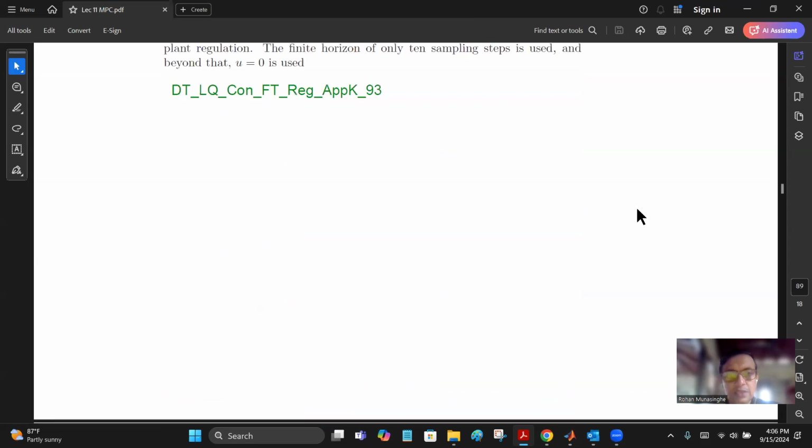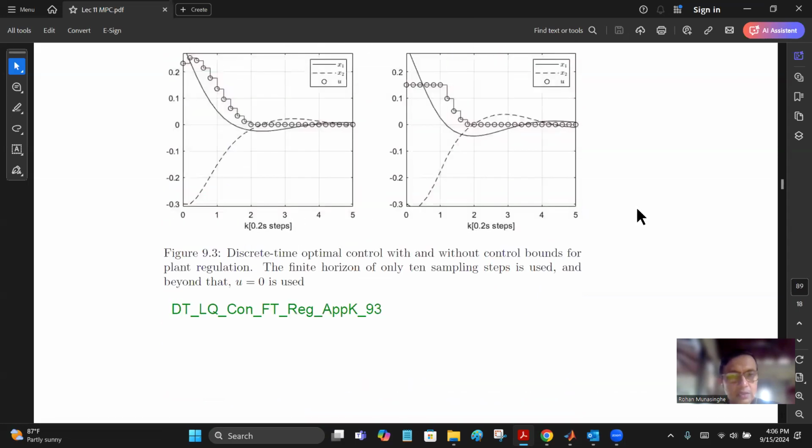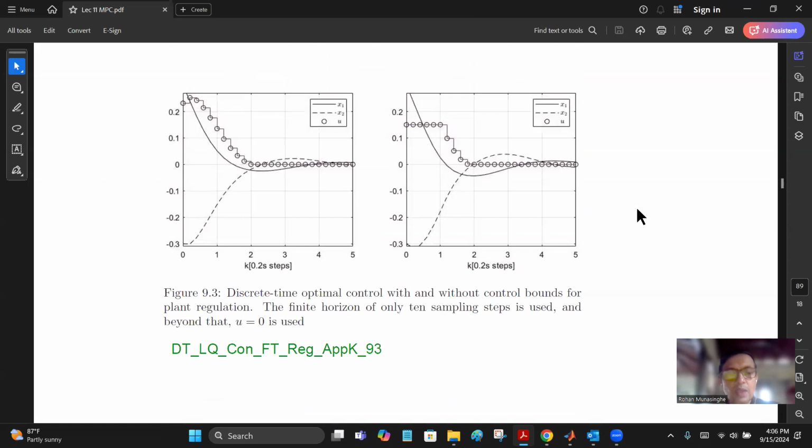So what is that one thing that is not very favorable for this method to be very popular or easy to implement? It's this offline nature, because all the calculations are done offline, and then you get this set of control signals, and you keep on issuing these control signals at every time step.